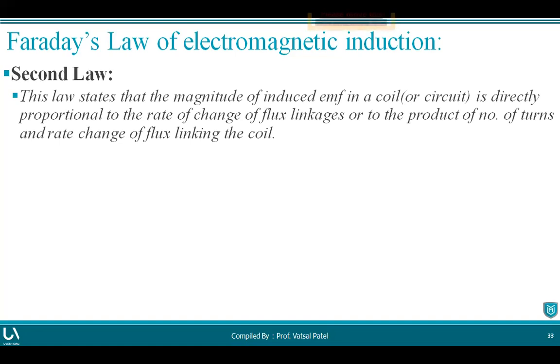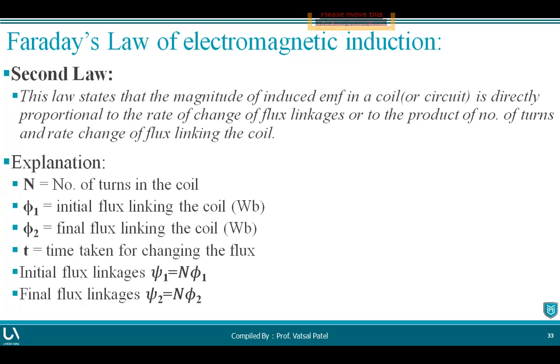Another sentence here says that it is the product of the number of turns, that is capital N, and the rate of change of flux linking in the coil, so that you can say N into d phi by dt. We will identify this also using the derivation or mathematical expression here.